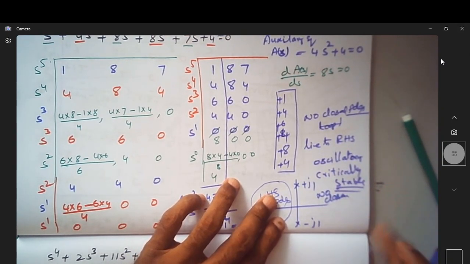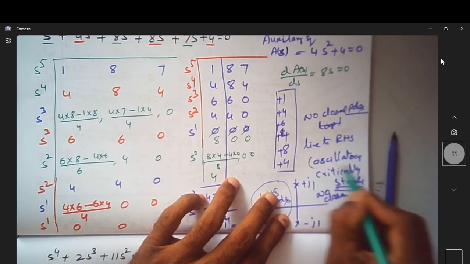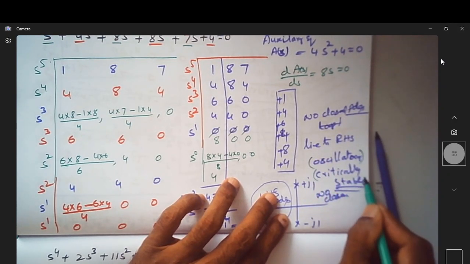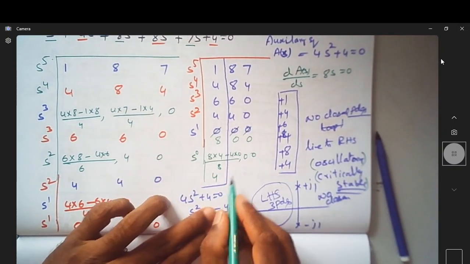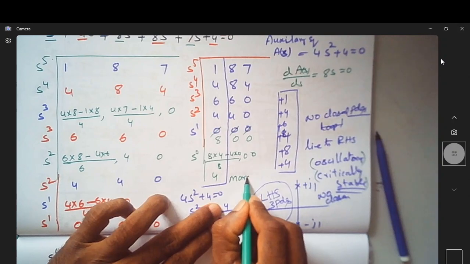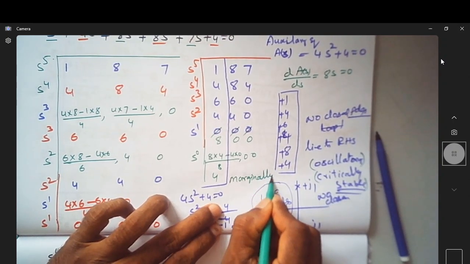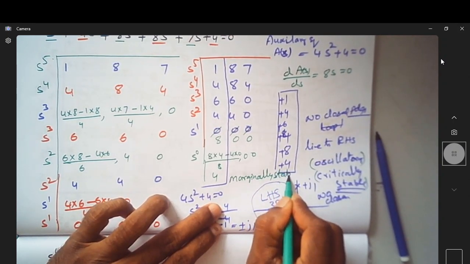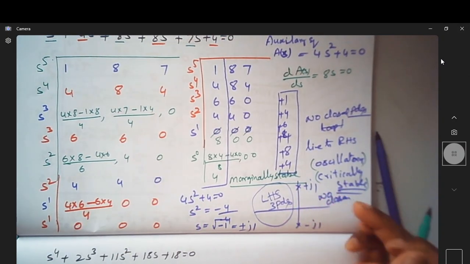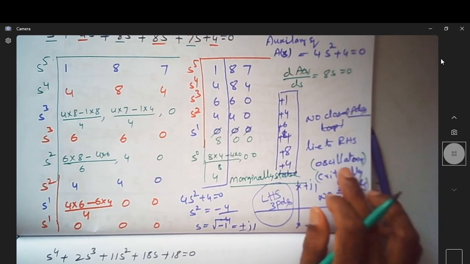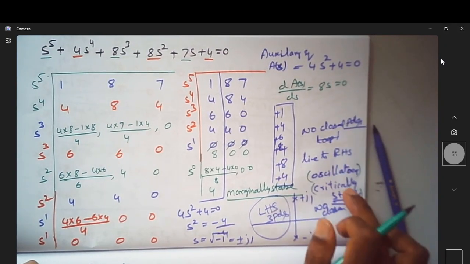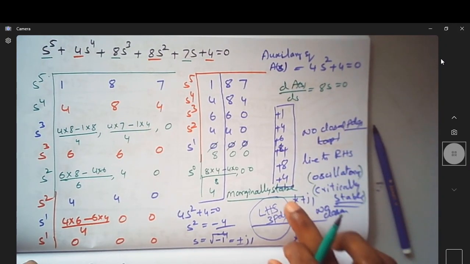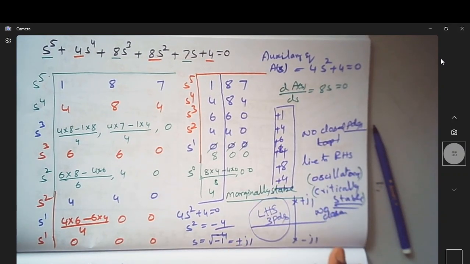System is not stable. It is called as oscillatory or critically stable, or you can call it as marginally stable. These are the 3 ways of defining it. One is oscillatory, system is oscillatory, system is critically stable, or the system is marginally stable.